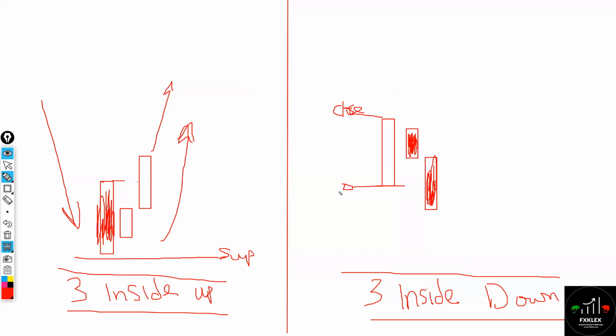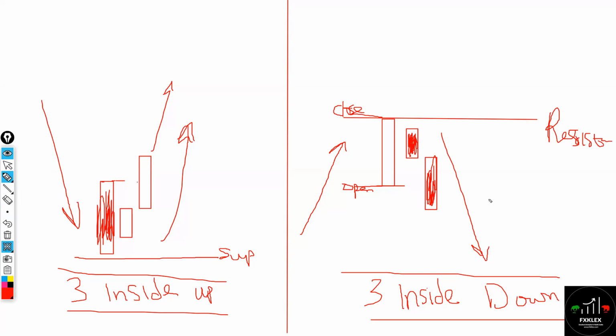Okay, this is the opening. So this candle is now closing below the opening of this candle. So what we are seeing right here is that market sentiment is changing from a bullish rally to a downward rally. Remember, you must look out for these actions at the resistance zone. Okay? Yes. Is that clear? Yes. So that is all you need to know about three inside up and three inside down.